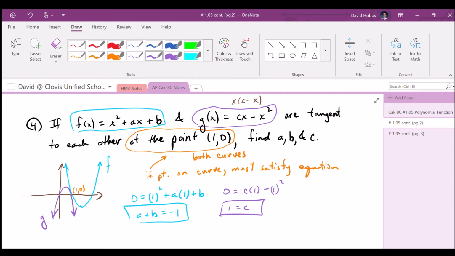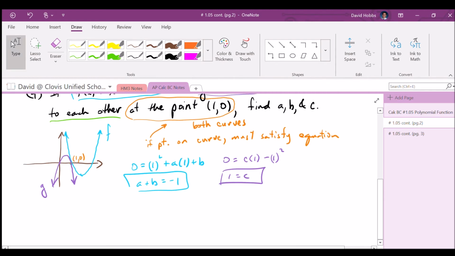Well, it says they're tangent to each other at that point. So if they're tangent to each other, let's see, derivatives. Derivatives are really slopes of tangent lines. So f prime of x must equal g prime of x at the point 1, 0. Probably nowhere else, but at least at that point they're tangent to each other.